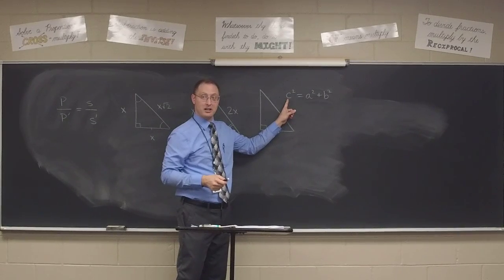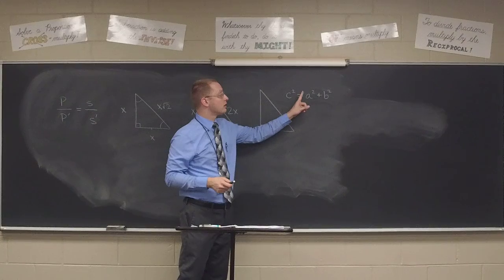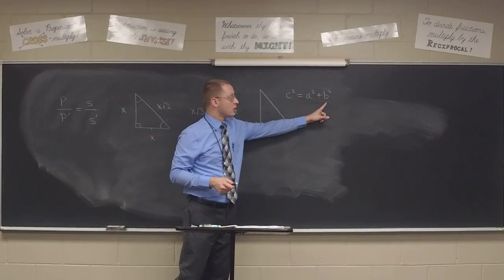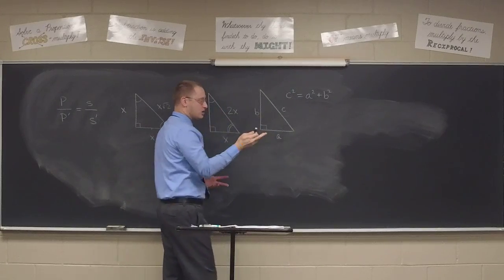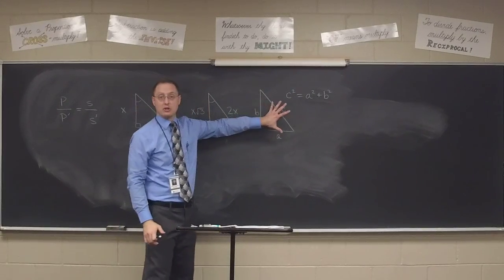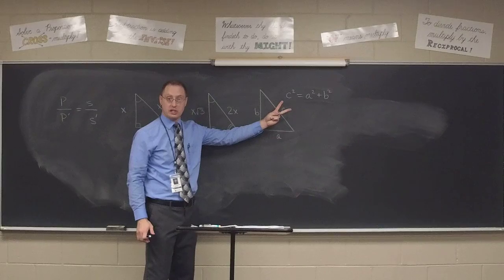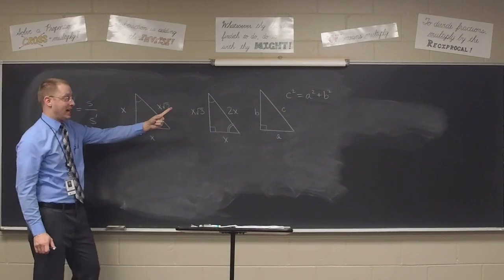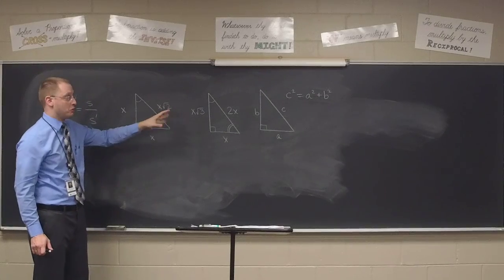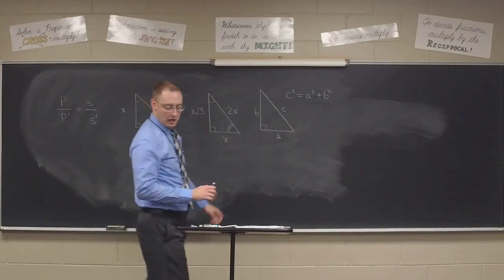Audrey? Good, hypotenuse squared equals leg squared plus leg squared. Again, this is true for any right triangle. The difference is here you've got to know two sides to get the third side. With these triangles, you only have to know one side to find the other two. That's what makes them special.